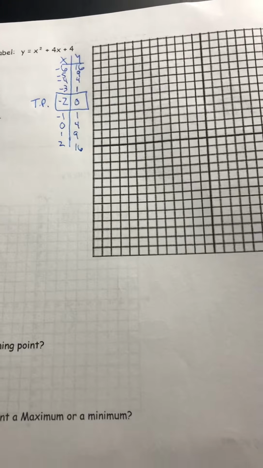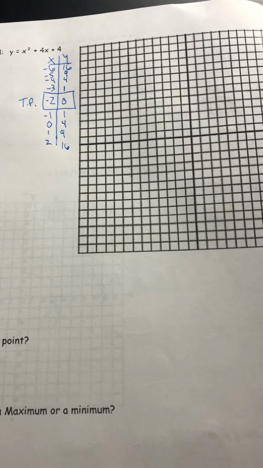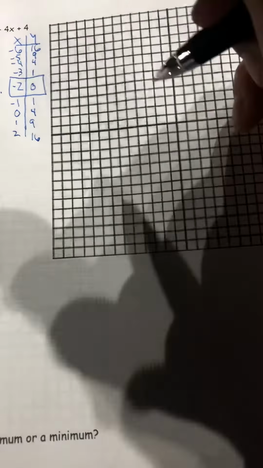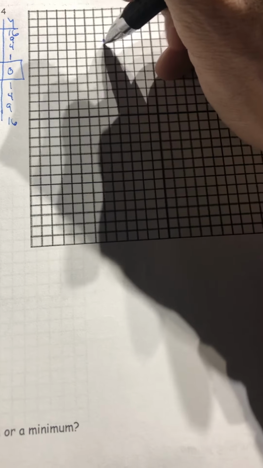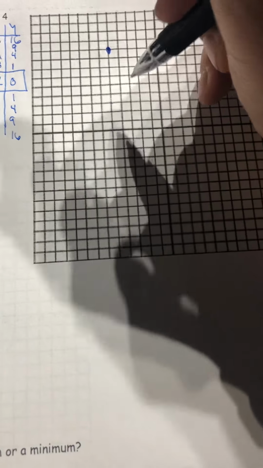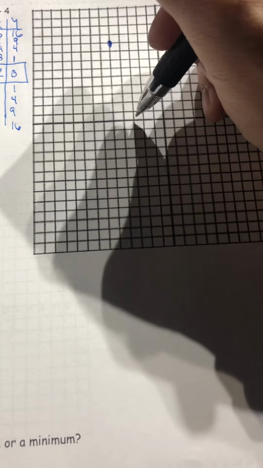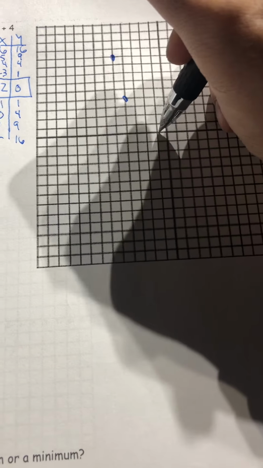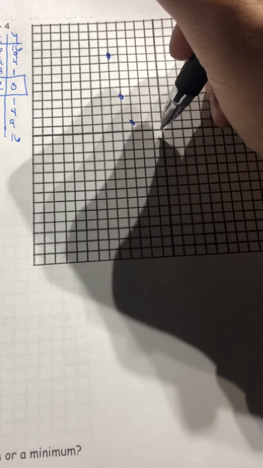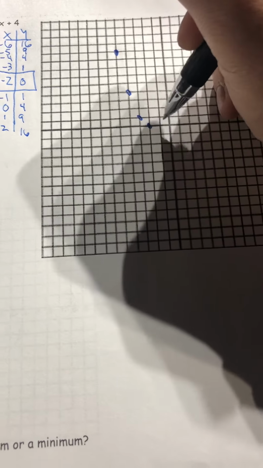Now 16 will not fit in the graph, so the first thing we're going to do is start with negative 5. Then we have negative 4, 4. Then we have negative 3, 1. Negative 2, 0.